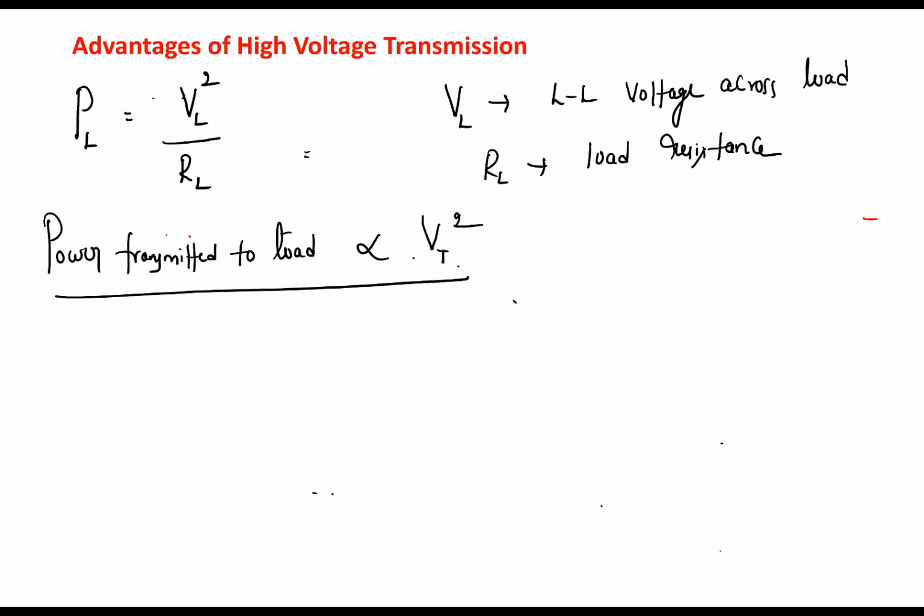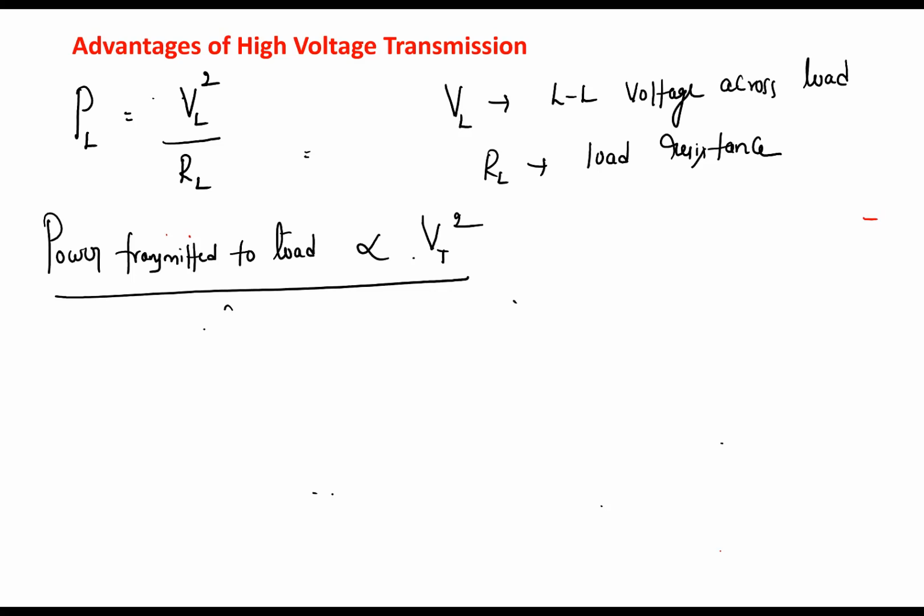So if you increase the transmission voltage, you are able to transfer more and more power to the load. That is the most important advantage of high voltage transmission. That's why high voltage transmission: the higher the voltage, the more power we can dispatch to the load center. Power transmitted to the load is directly proportional to the square of transmission voltage.